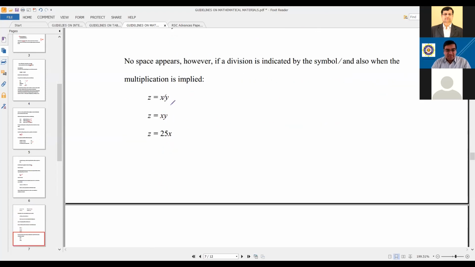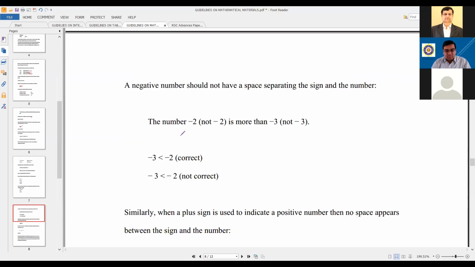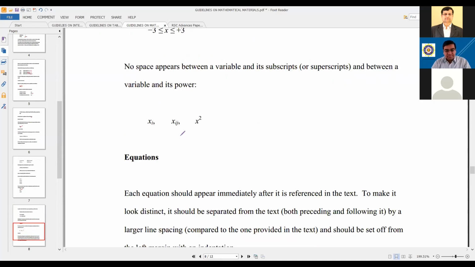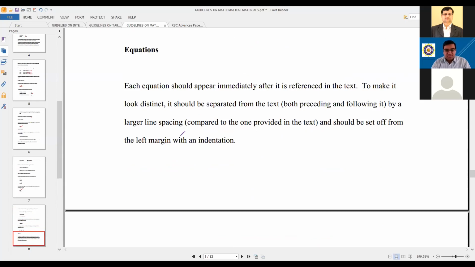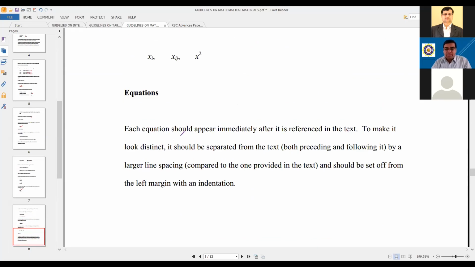This I have already discussed. Yes, equations. Each equation should appear immediately after it is referenced in the text. Make sure.